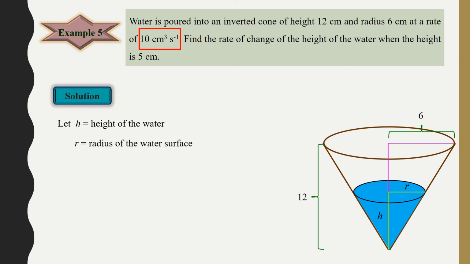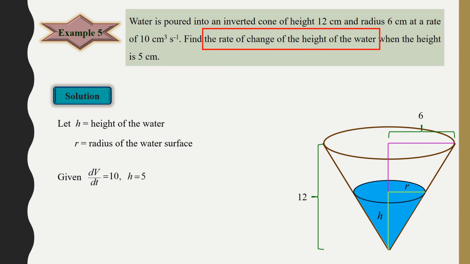This is the volume, dV/dt equals 10. Since the water is poured, dV/dt is increasing, which means it is positive. Then the height is 5 centimeters, so H equals 5, and the question asks to find the rate of change of the height of the water, which is dH/dt.